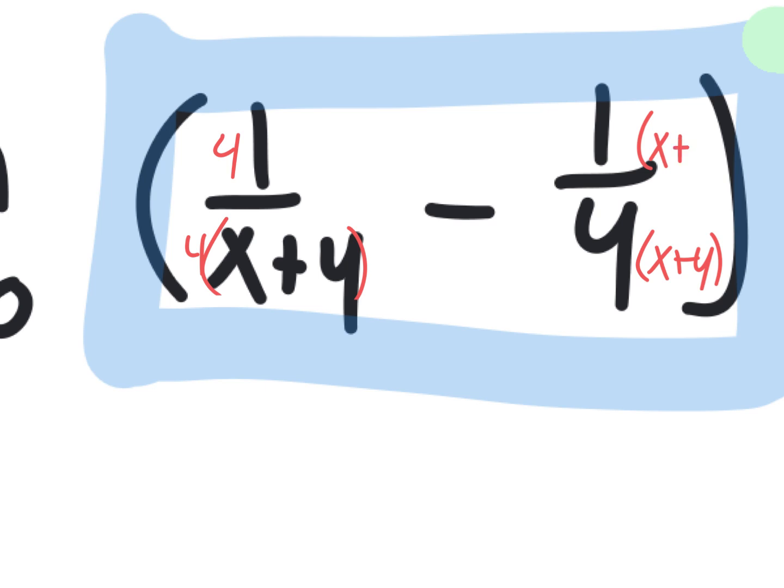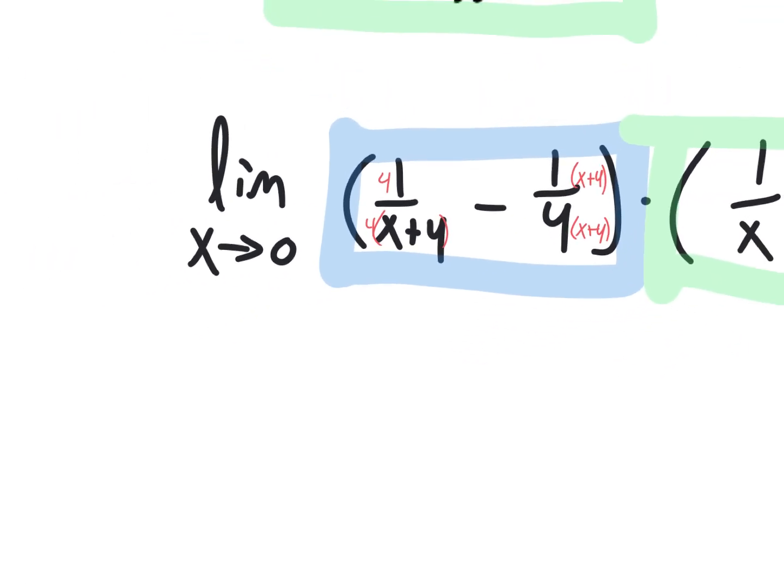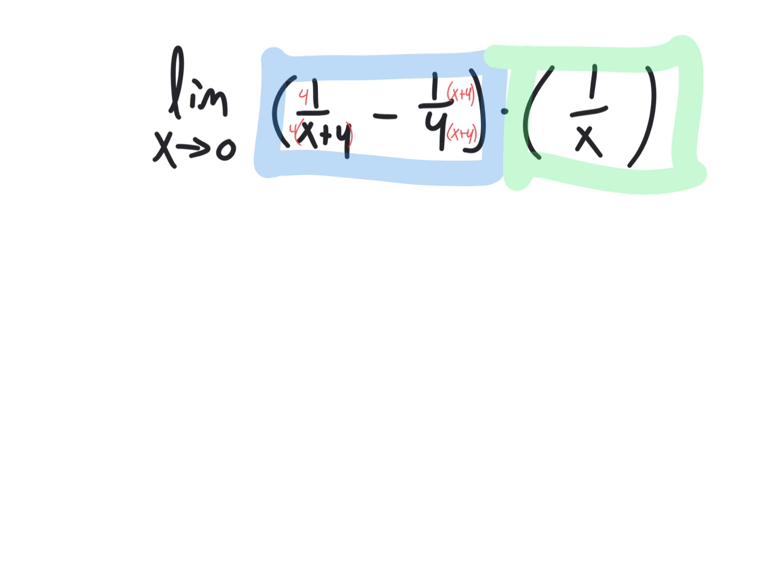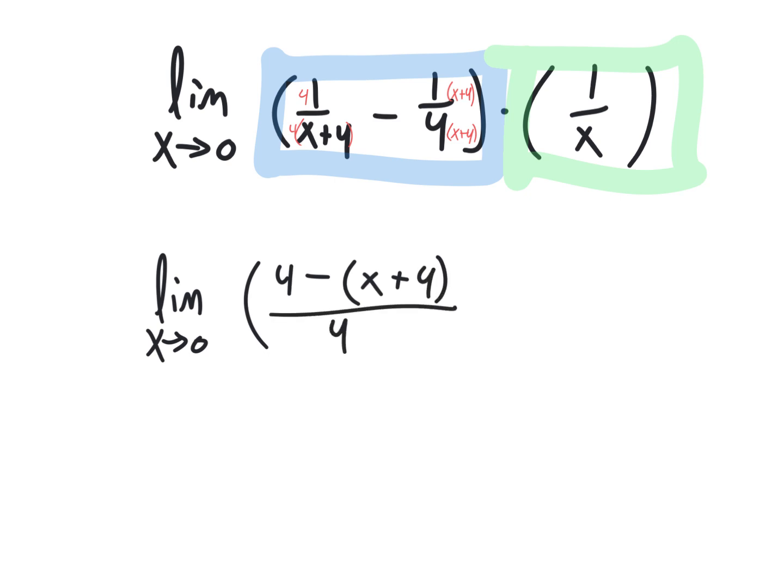And holy smokes, wouldn't you know it, now those denominators have the same components of 4 times x plus 4. So as we simplify this, we have the limit as x approaches 0 of 4 minus 1 times x plus 4, so x plus 4 is in parentheses there, over 4 times x plus 4, times 1 over x.